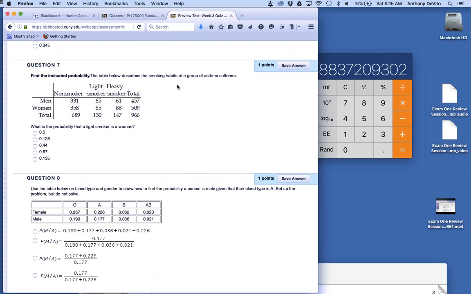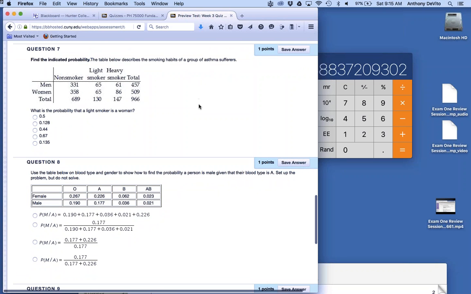The table below describes the smoking habits of a group of asthma sufferers. What's the probability that a light smoker is a woman? Now let's look at the contingency table. What condition do we have that narrows this group down?